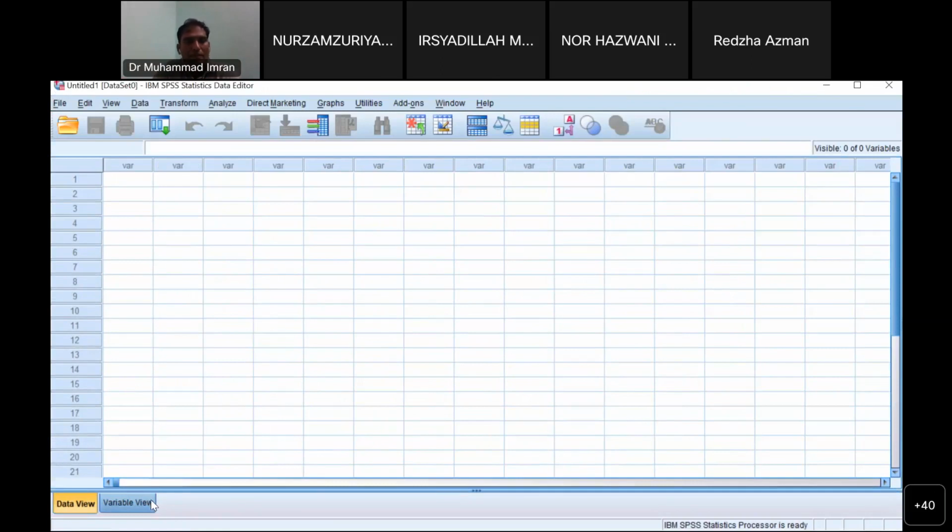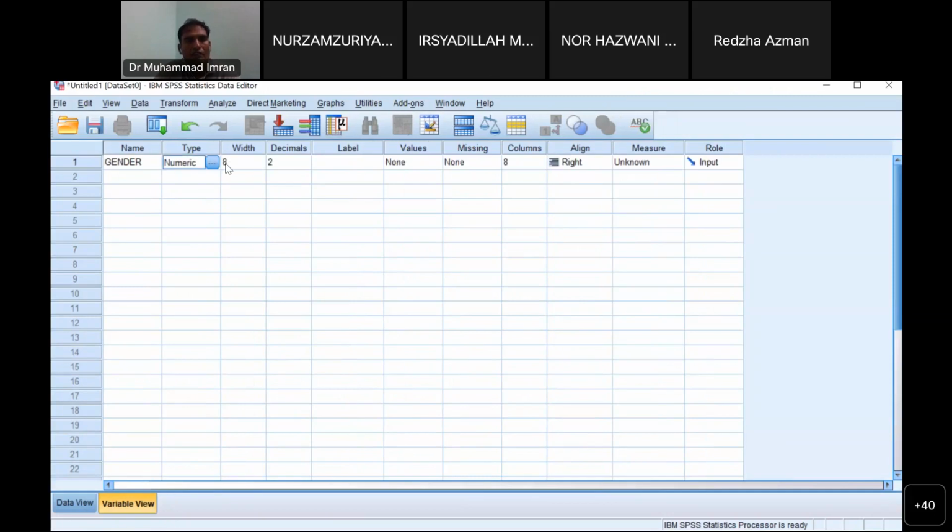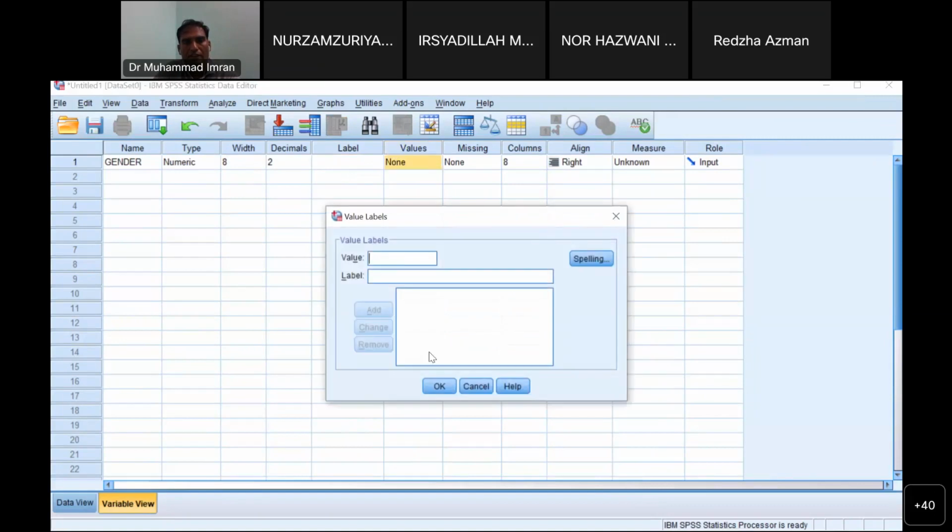First thing, you write, okay, pair 1 or maybe gender. Then give the numeric width, and label: give the label gender. This is male and female. Values also can be given here: for male, value 1, male, add, then value 2, female.